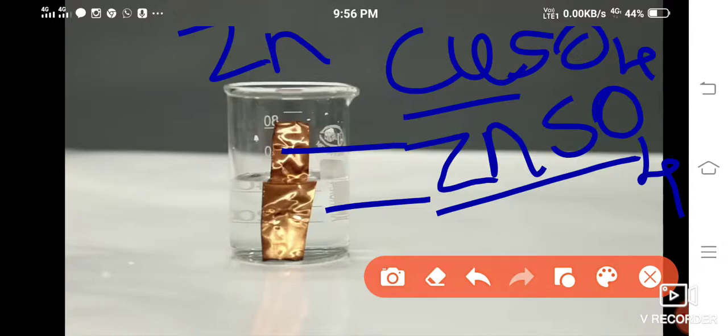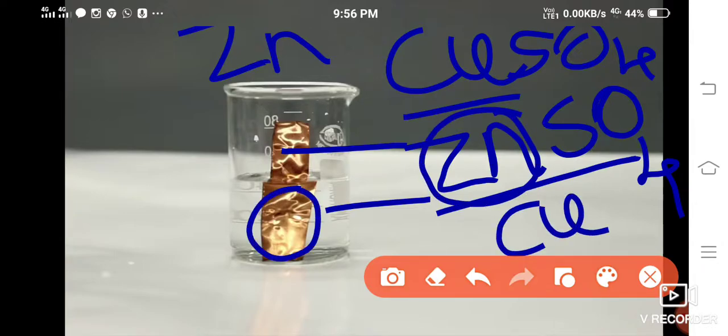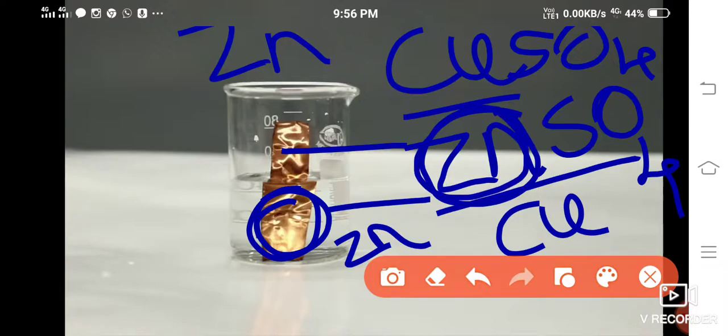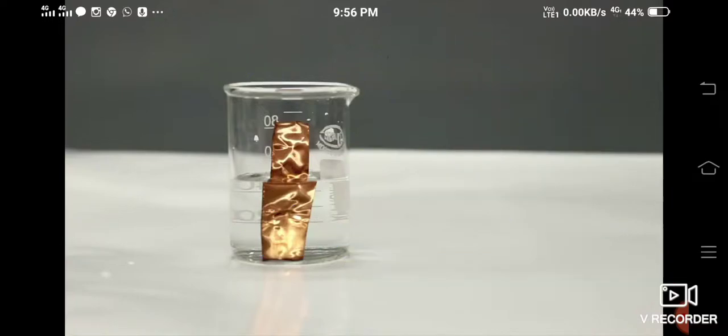Now zinc is more reactive than copper, isn't it? So copper is less reactive than zinc, right? So this copper cannot replace zinc in this zinc sulfate solution.